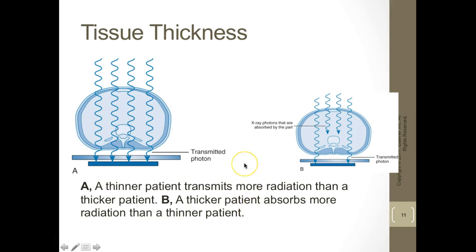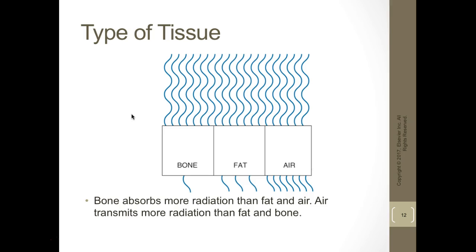So I'm looking at these two and I find this interesting. This patient is showing thicker, so I'm kind of confused as to what they're showing here. So in theory, the thicker the patient, the more X-ray photon absorption there is.